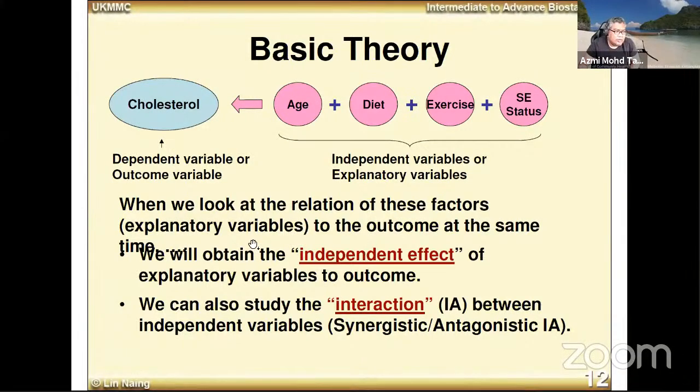So the whole point, as mentioned just now, when we do everything together as multiple linear regression, you will get the independent effect of each of these explanatory variables. At the same time, you can also study the interaction between the independent variables, whether the interaction is synergistic or antagonistic.